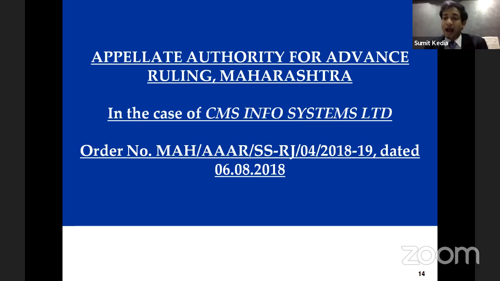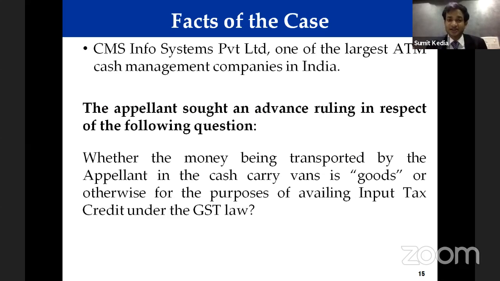Now coming to an appellate authority for advanced ruling decision in case of Maharashtra, the applicant name was CMS Infosystems. So if you see, the facts of the case were the applicant CMS Infosystems is in the business of transportation of cash.